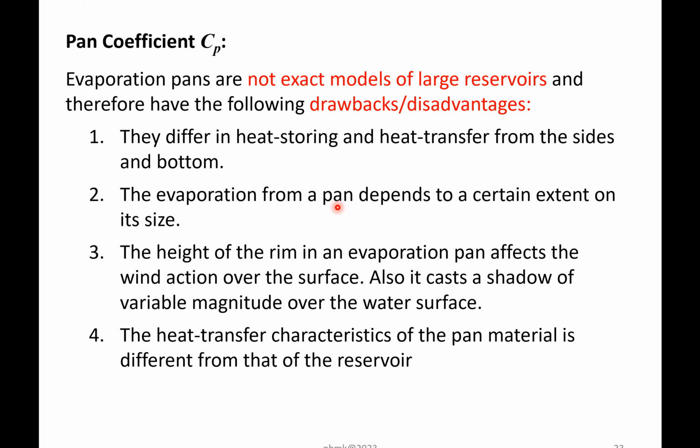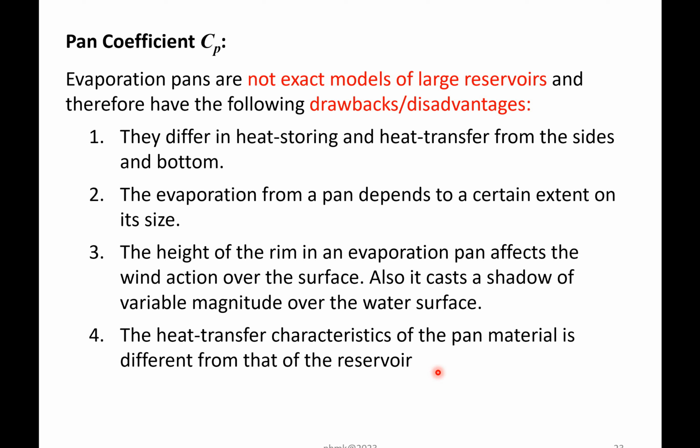The evaporation from a pan depends to a certain extent on its size. The height of the rim of the pan can affect the wind action over the surface, and it can also cast shadow of variable magnitude over the water surface, which also affects the evaporation.